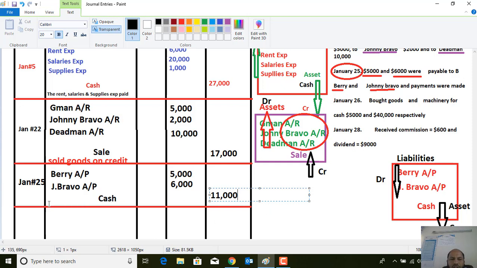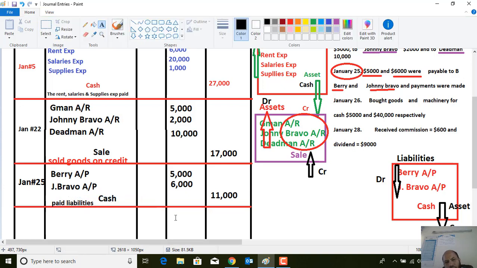So we will write down a short description for this transaction, and the short description is paid liabilities to creditors. So the company paid their liabilities to those from whom they purchased the goods.